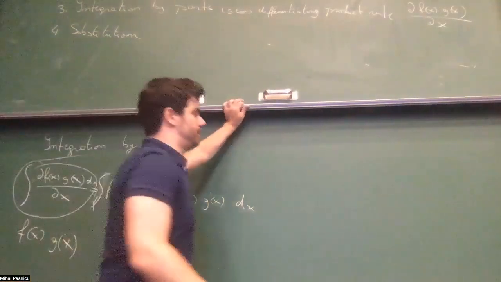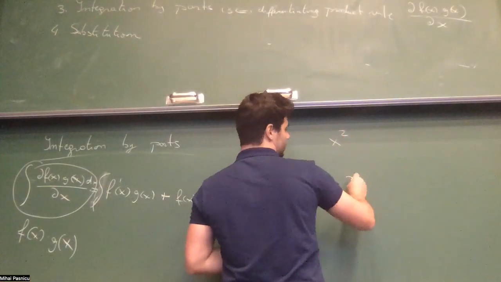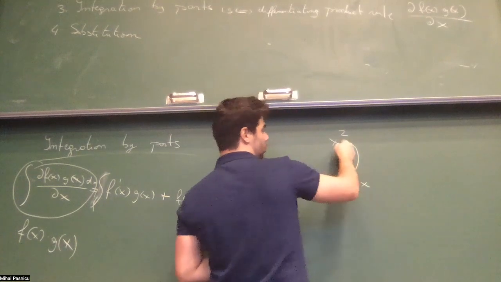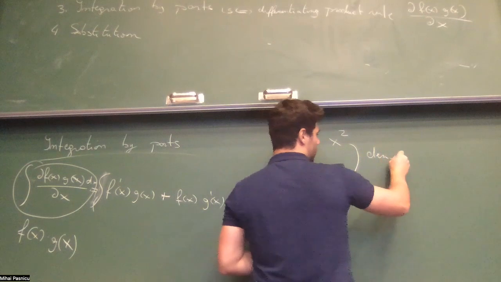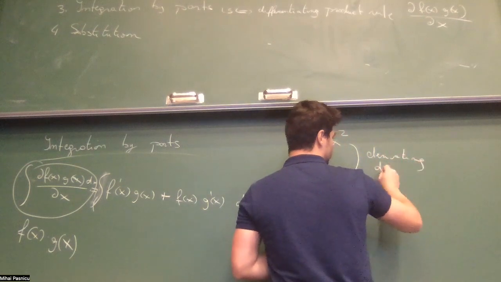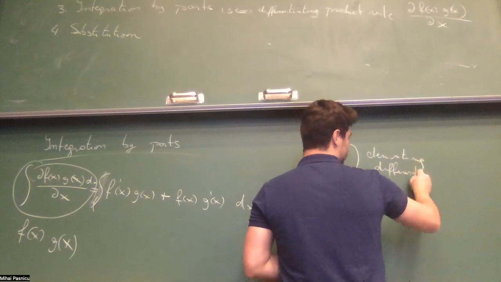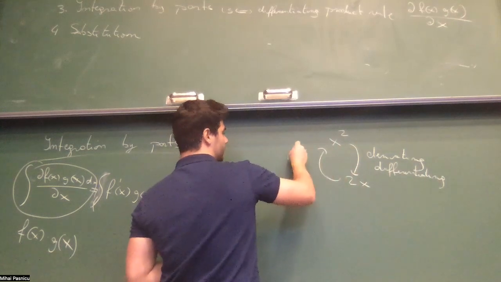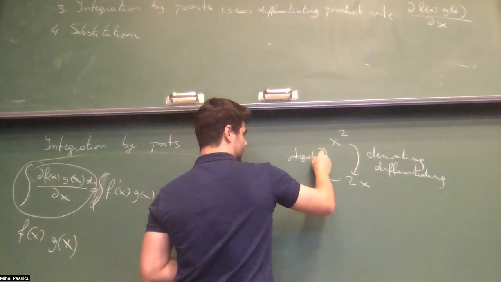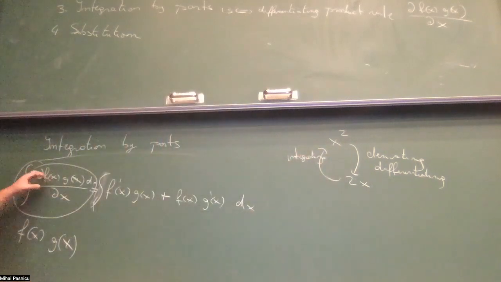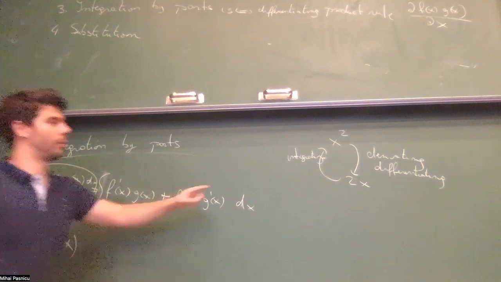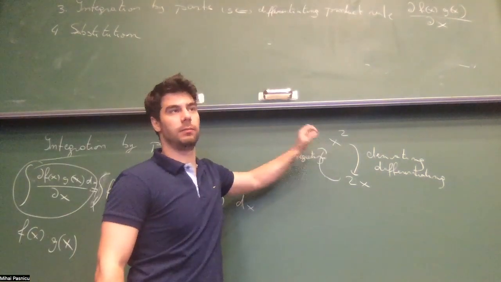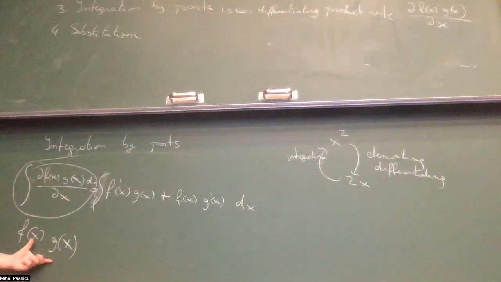Remember when I drew x squared and 2x, and I said if I go from x squared to 2x, I'm differentiating, and if I go back, I'm integrating? Well, here, from f of x times g of x, I'm differentiating, and then I'm integrating. So I'm going once, and then I'm going back, so I just have the original thing.